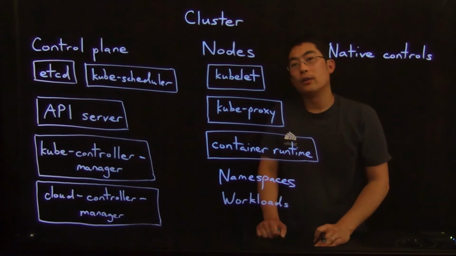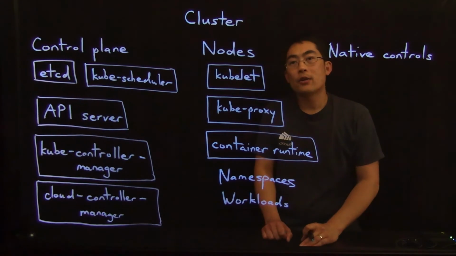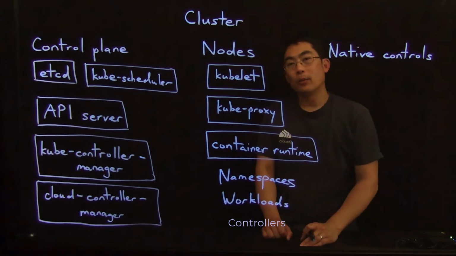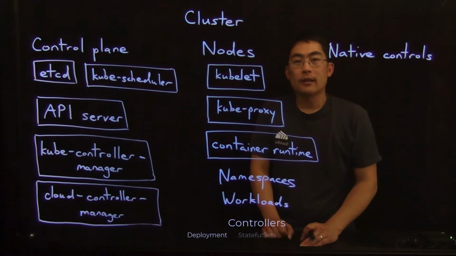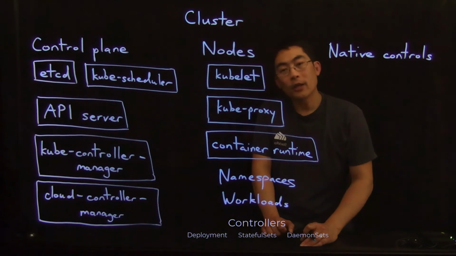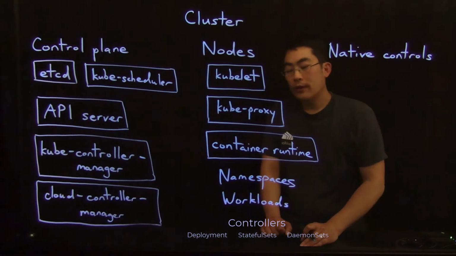And these workloads, which consist of your application components, can be created and managed by what are known in Kubernetes as controllers. And these controllers can be of different types, including deployments, stateful sets, daemon sets, and so on. And from a security perspective, why they're so valuable is that they allow you to do a few different things.